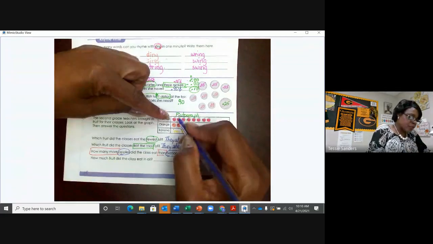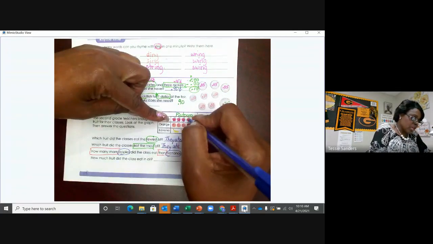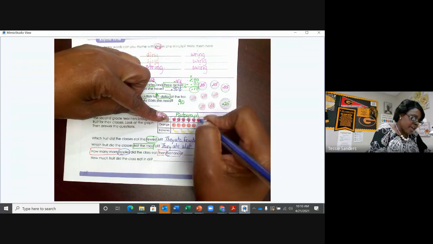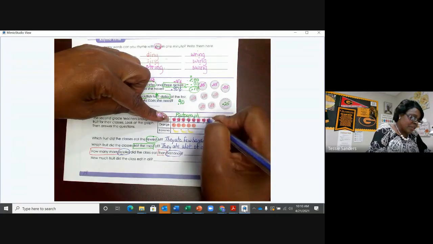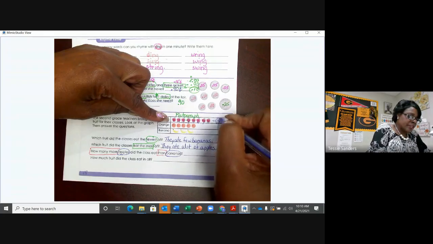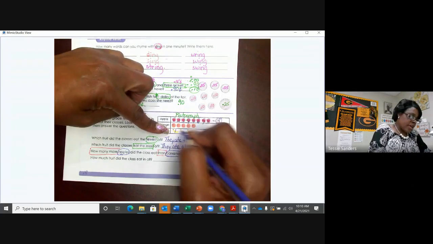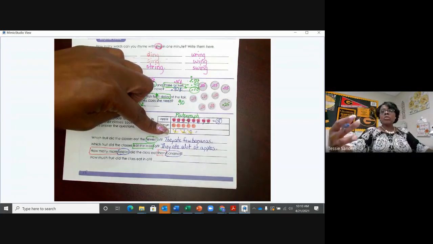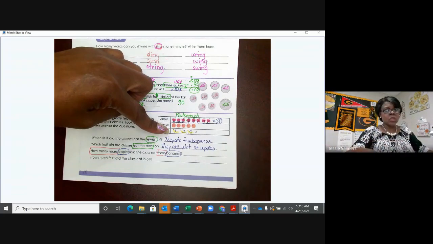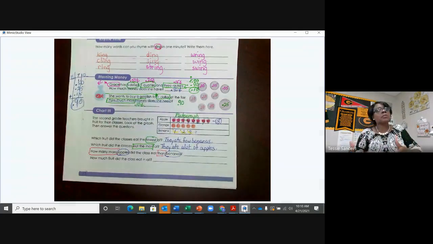So count the apples. 1, 2, 3, 4, 5, 6, 7, 8. So the class ate a total of 8 apples. And look at the bananas. Count 1, 2, 3. And for our adult learners, for all learners really, this is just simply following directions.